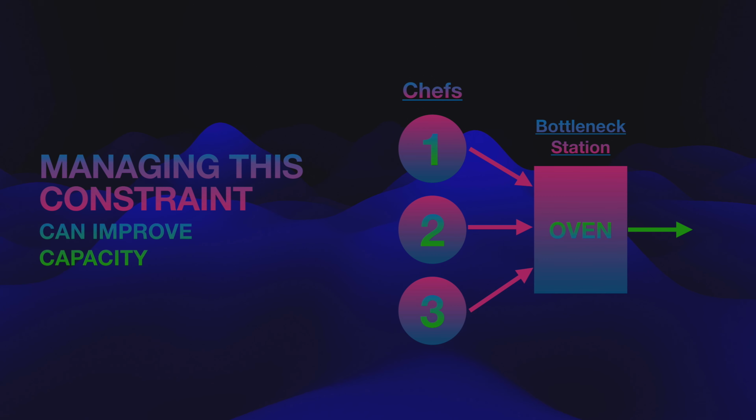Efficiently managing this constraint can drastically improve the overall capacity of the kitchen, allowing more dishes to be prepared in less time. Similarly, in a production system, identifying and addressing constraints can directly enhance production speed and operational efficiency, leading to better business outcomes. Hence, the theory of constraints is of paramount importance to the field of industrial engineering.